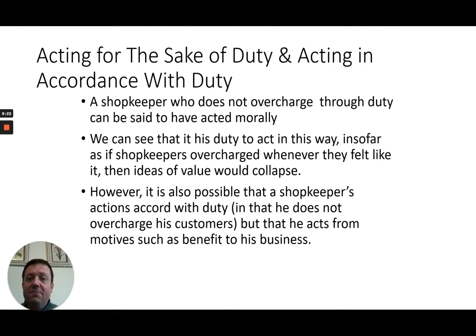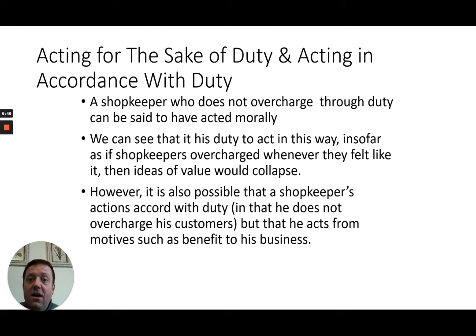Now, in this case, no one gets overcharged, but only one of them, according to Kant, is acting for the sake of duty. And that's the one that doesn't overcharge his customers because he believes it's his duty not to. The other one doesn't overcharge his customers because he wants to keep them. In this case, we can see that that shopkeeper is treating his customers as means to his own ends, as means to keeping his business.